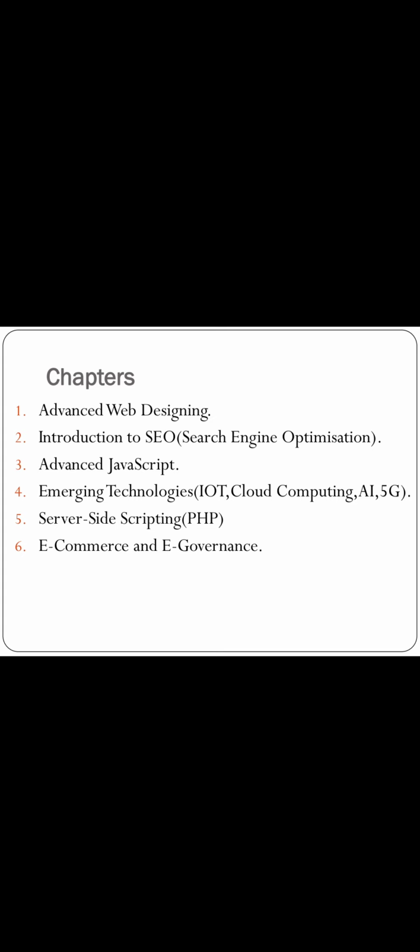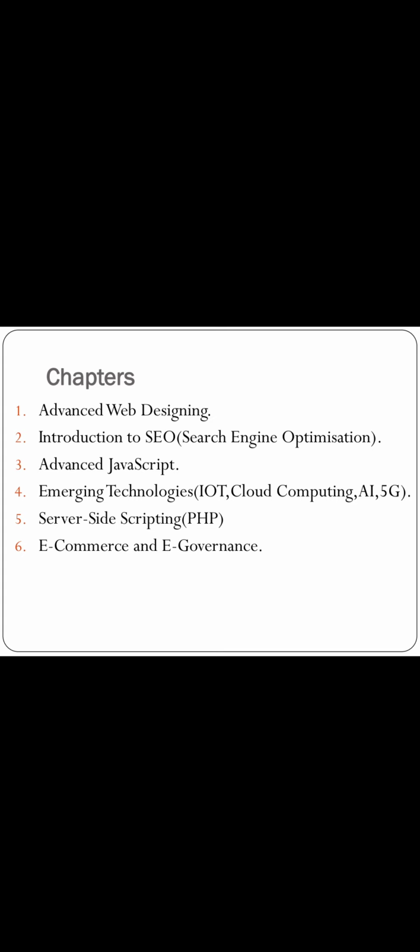Then later we have image mapping, and last, after designing the website, how to host the website so that it can be viewed by different clients and get your services. So these are all the topics we will deal with in this first chapter, advanced web designing.